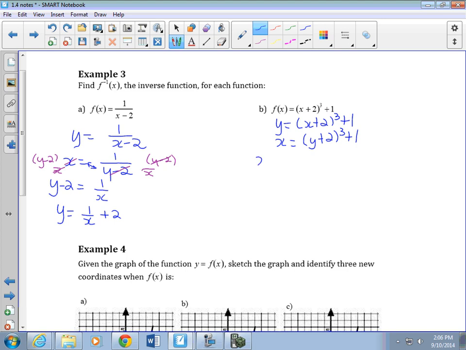So I'll subtract 1, so x minus 1 is equal to (y plus 2) cubed. Now to get rid of the cubed, I have to cube root both sides. So I have cube root of (x minus 1) is equal to y plus 2, because cubed and cube root will cancel. So I bring over my 2. So cube root of (x minus 1) minus 2 is equal to y.